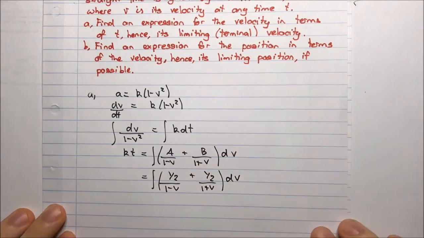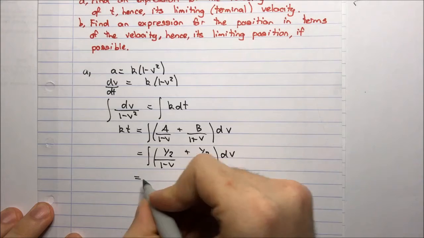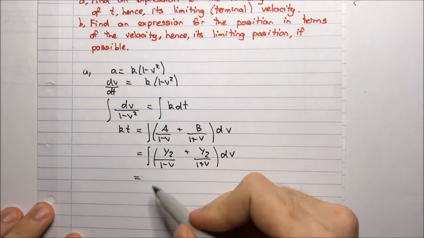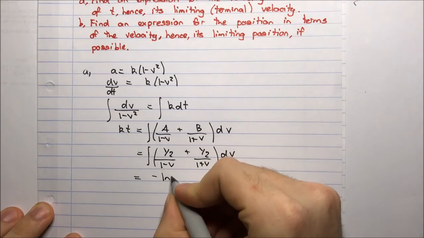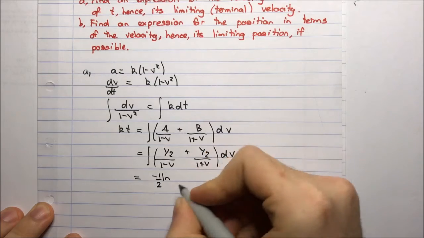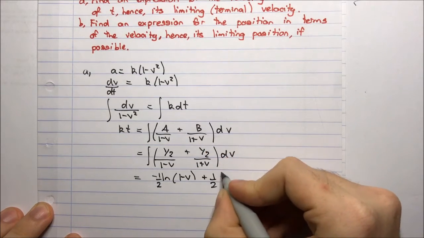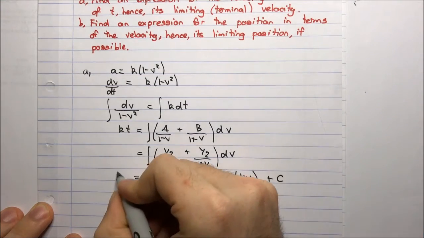dv. Okay, and now I can integrate this. This is almost a log, I'm just missing a factor of -1. So if I multiply by -1 and multiply by -1 again, I'll get minus a half log, 1 minus v, and here I'll have a half log of 1 plus v, and I have a constant plus c.